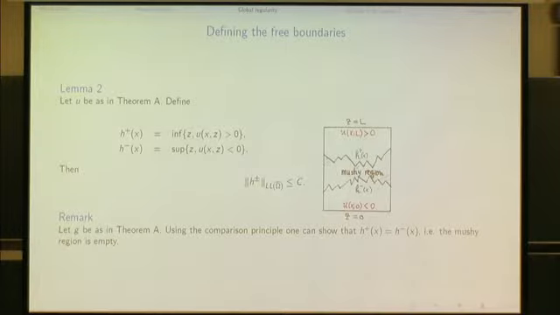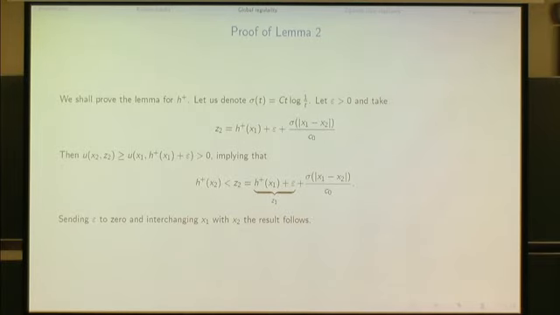Now they coincide, and in fact one can show that this function, h plus or h minus, is going to be log Lipschitz continuous, and the proof is fairly elementary. You just increase this point by size epsilon, and sigma here stands for the modulus of continuity of our function, the log Lipschitz modulus of continuity.